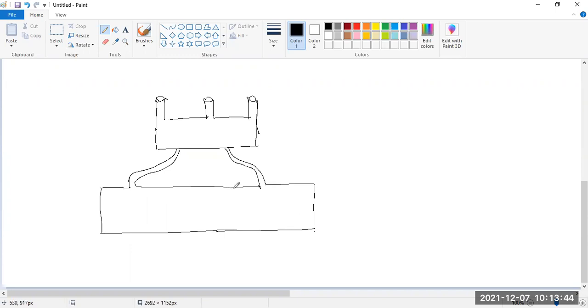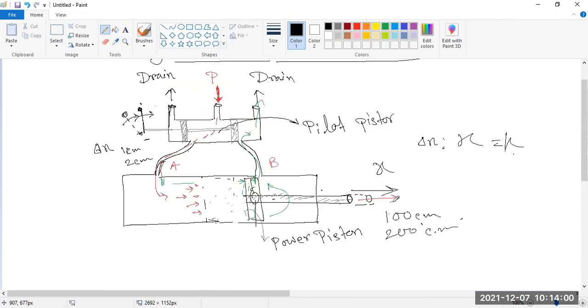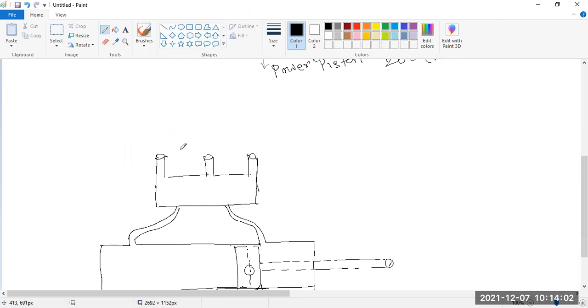Now it was in this position. In the previous position, you can see your spool is in this position.